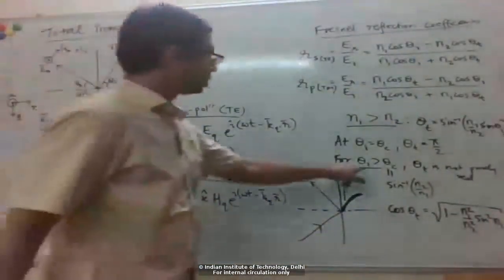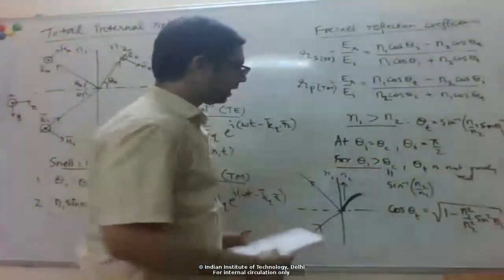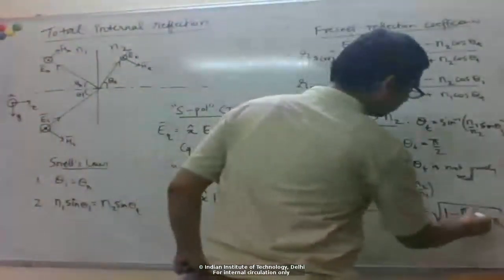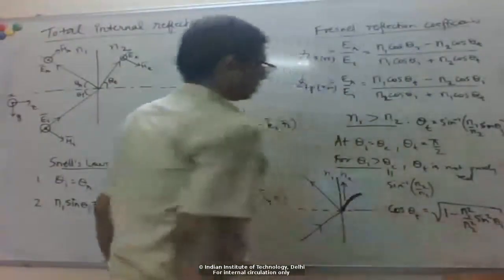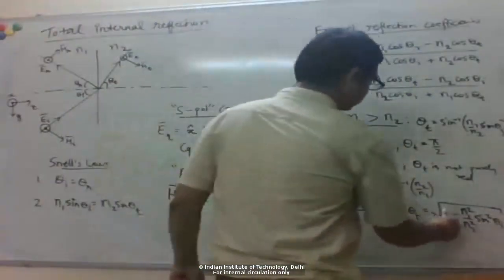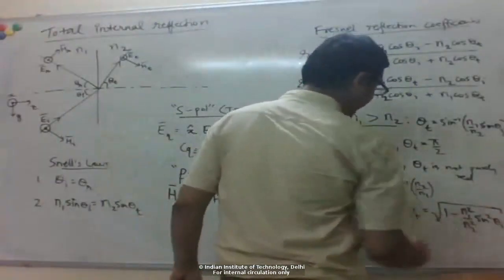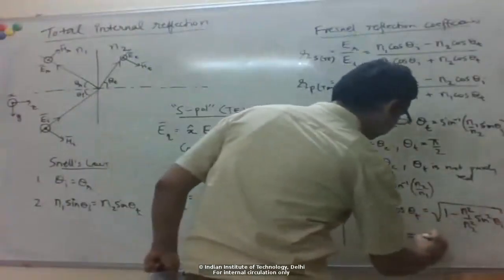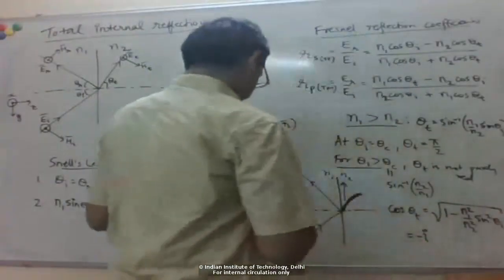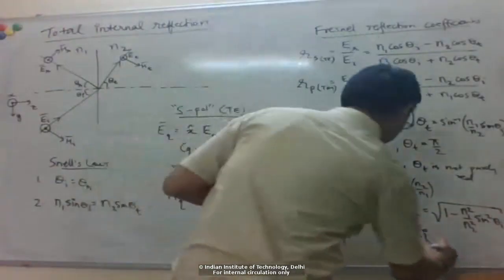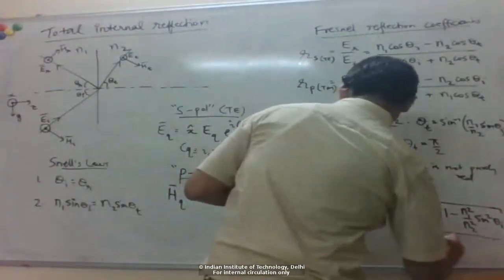Now again, for angle of incidence greater than the critical angle, this number is greater than 1, which means this thing under the square root is negative. So this is a complex number. So I can write it like that.